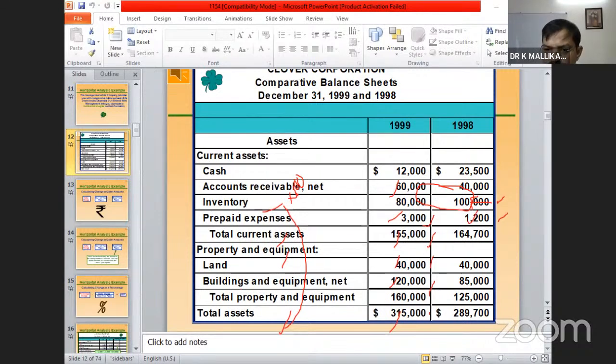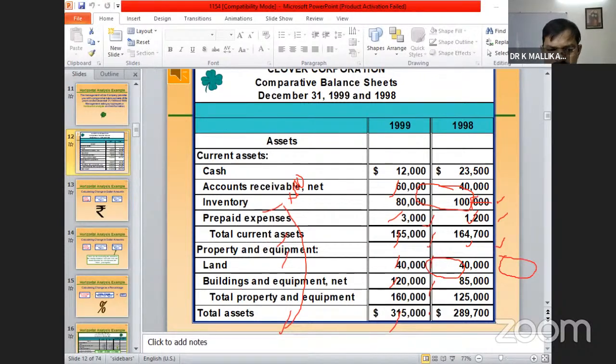The inventory proportion, earlier it is 21%, this year it is only 18%. The land, in the total assets, earlier land was 23%, now it has come down to 21%.